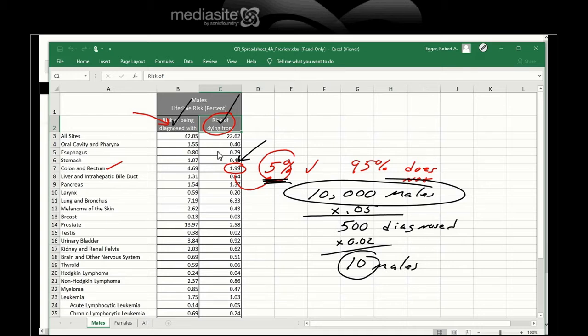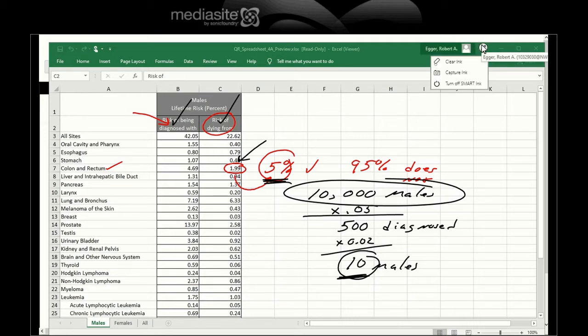Again, in summary, the risk of dying is from having been diagnosed. If you're not diagnosed with it, you can't die from it. So even though it's 2%, it's really a lot less than that.